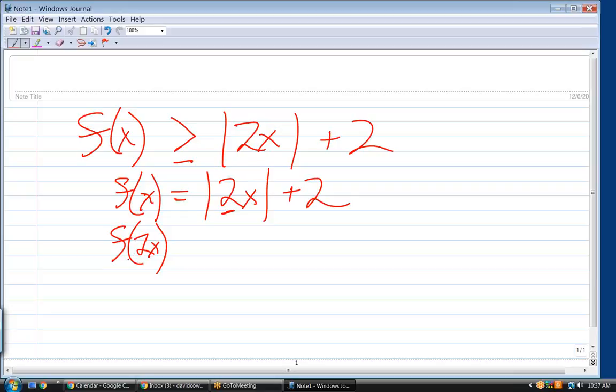If my multiplier is inside my parentheses, that is a horizontal compression, as opposed to if that 2 was out there, that would be a vertical stretch. And you're right if you picked up on the fact that they're opposite. In other words, when the multiplier is outside the function, numbers greater than 1 are stretches. Numbers between 0 and 1 are compressions.